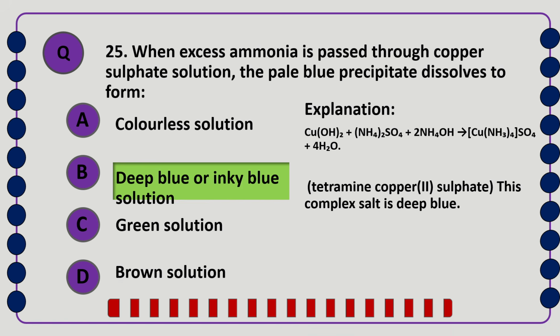The option is deep blue or inky blue solution. Very common error done by students is they write inky blue precipitate. It's not a precipitate, it's no more precipitate in excess. The precipitate is copper hydroxide. When it dissolves, it forms a complex salt, tetraamine copper sulfate, which is deep blue solution. It's not a precipitate. So when you are writing the answer, kindly be very careful. Let us move to the next question.